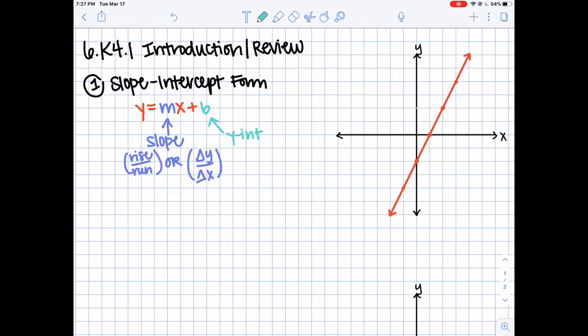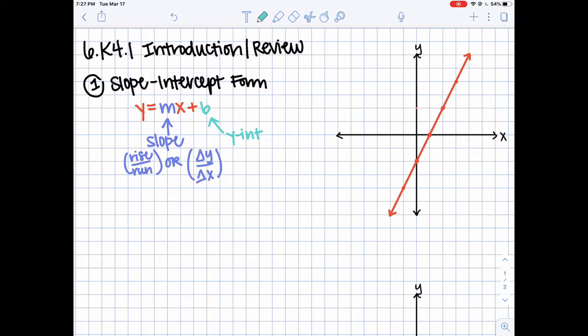Sometimes we're given a line and we're asked to write the equation from it. Sometimes we're given an equation and we're asked to put it onto the graph, so we're going to do both today. If you need to pause and draw or sketch out my example, then do so. If not, then let's dive right in. So first I'm going to start by identifying the y-intercept.